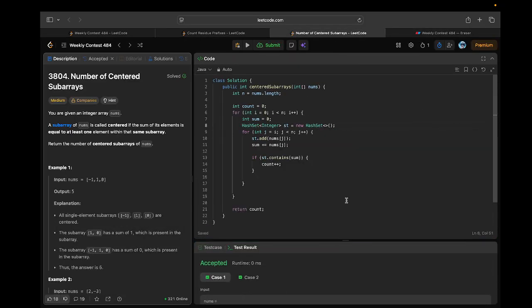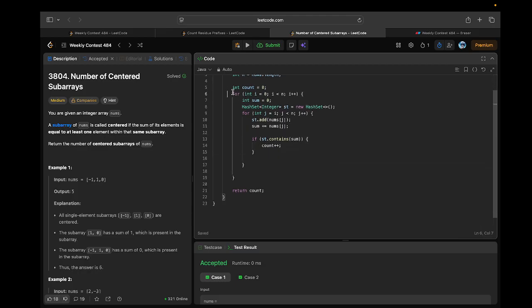What I have been doing over here, as I told you, is iterating over all the elements of the array and calculating the sum of all the subarrays. We generally use this particular approach to find the subarrays. I have a hash set which makes sure that whatever subarray I'm including contains all the elements.